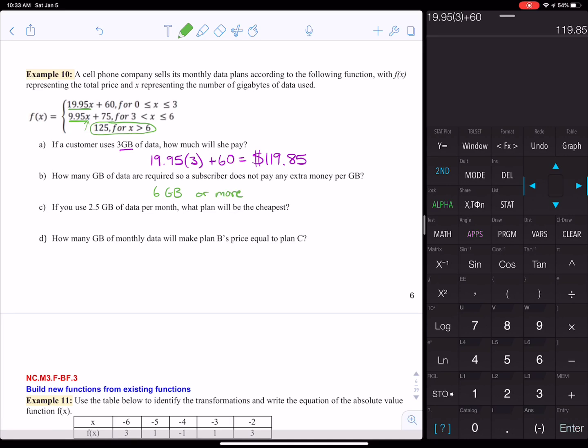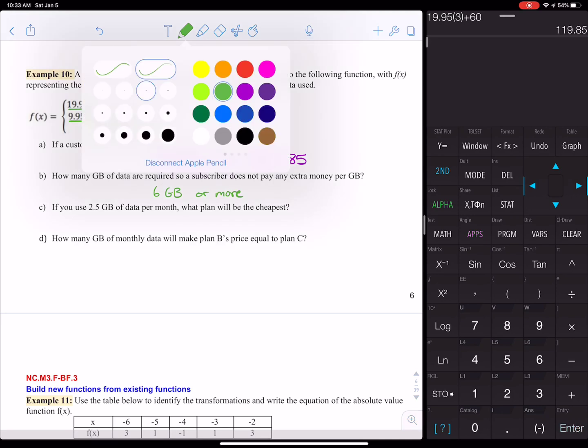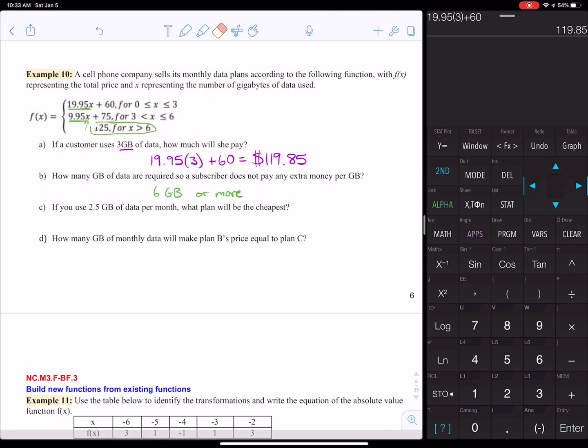And you can certainly have more, but that would be the amount you need before you stop paying an extra amount per gigabyte. So that's it for part B. Part C: if you use 2.5 gigabytes of data per month, what plan will be the cheapest? To me, this is a little tricky because 2.5 gigabytes really still only belongs in this first part of our function because it's between 0 and 3.